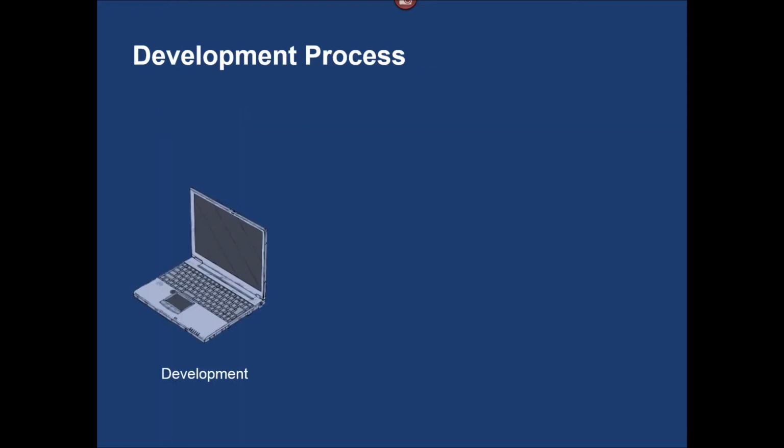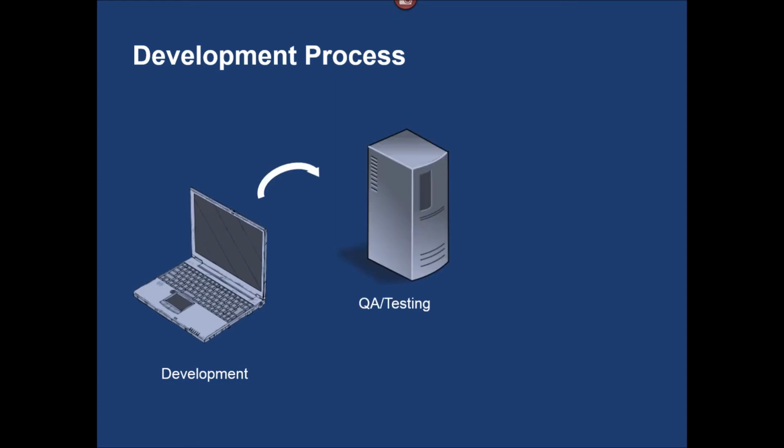So let's talk about how you define a development process. Now, from most people's point of view, a development process looks something like this. I'm sitting on my laptop or my tablet or my desktop, or I've got access to a mainframe or something, I don't know, but I'm developing away. I'm having a blast, I'm writing code, it compiles, yee-haw, constant affirmation, and then at some point I will do a deployment, and that deployment will go to QA or testing, or financial testing, or integrated, or whatever, but it will go through some sort of a testing process.